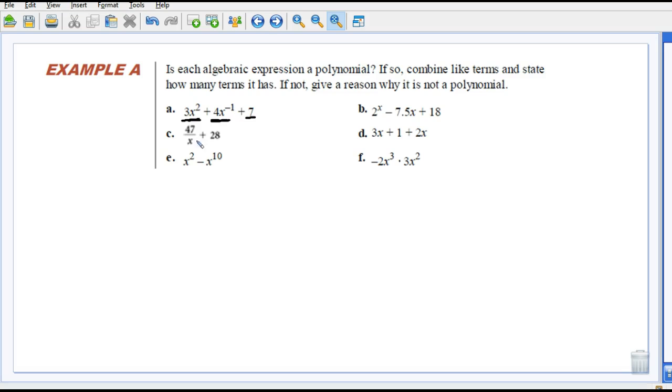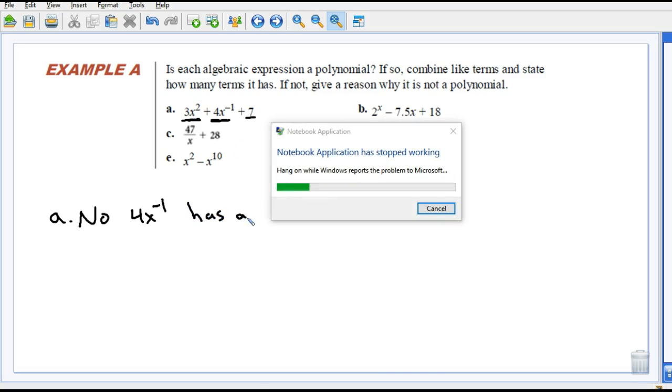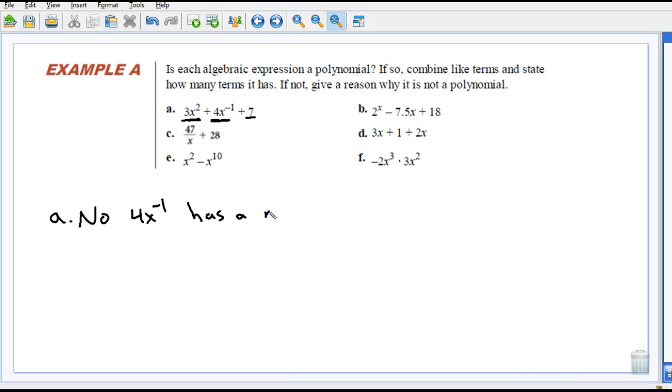So really just that middle term is not so good. So we would say, no, this is not a polynomial because 4x to the negative first is the problem. Not a polynomial, it has a negative exponent.